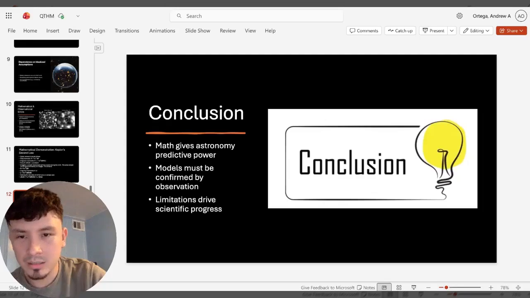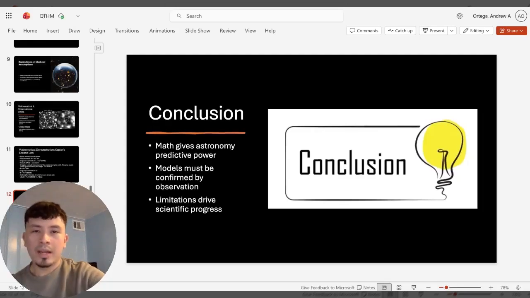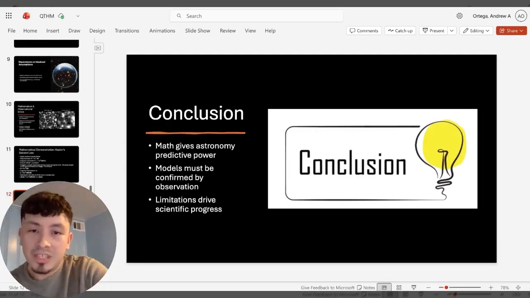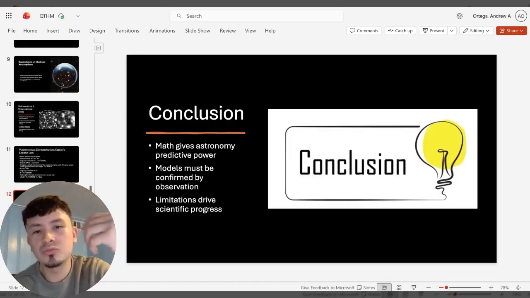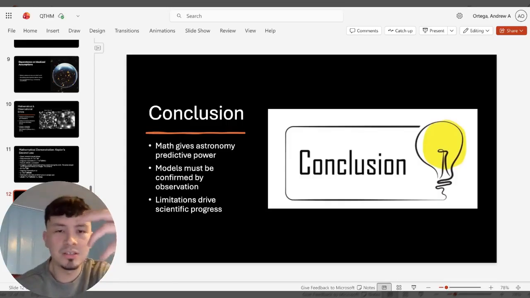And for my last conclusion, I will say that math gives astronomy predictive power. Models can be confirmed by observations, and math also has its limitations, driven by scientific progress.